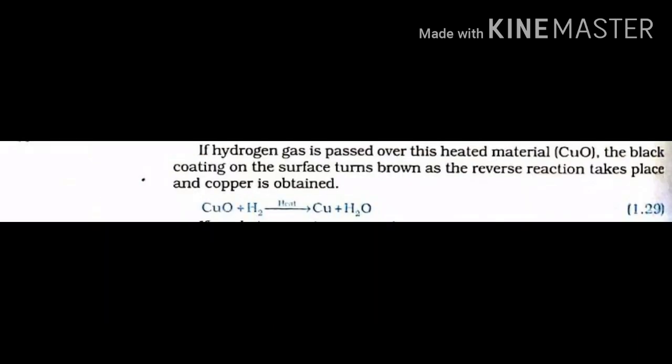Now pass the hydrogen gas over the material CuO. The black coating on the surface turns brown because the copper oxide is reduced to copper. The equation for this reaction is CuO plus H2 on heating gives Cu plus H2O.